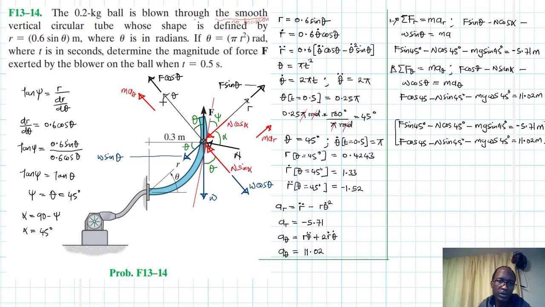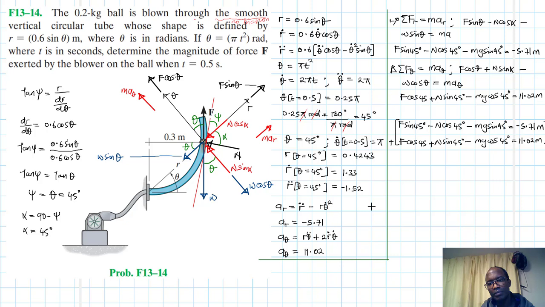So summation of forces, we have F. N is positive in this equation, right? It's going up. And then this is minus alone. And also there, W is minus, right? There we have F sine 45, N is negative, and mg, right, like this. So this one here is positive.